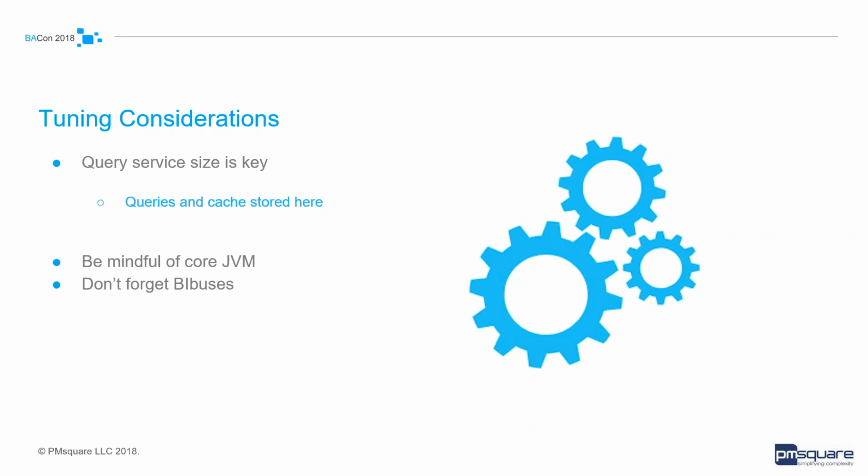Speaking to the BI buses, I said it just hands it off. What we found is, yeah, it's just handing it off, but in that handoff, there's lots of waiting. So the process is spun up to handle a request and passes that through. If it's sitting there waiting for the query service to handle it, it's not going to be doing anything else. So if you only have, say, max 6 processes, all 6 of those get spun up.